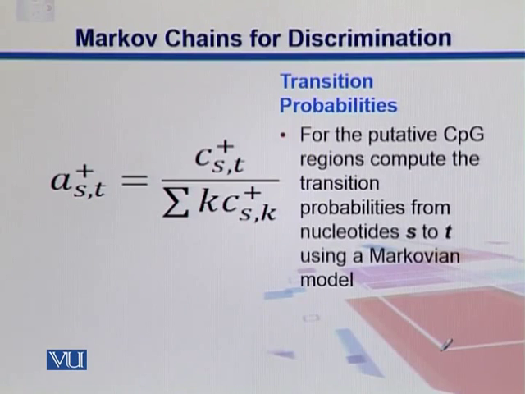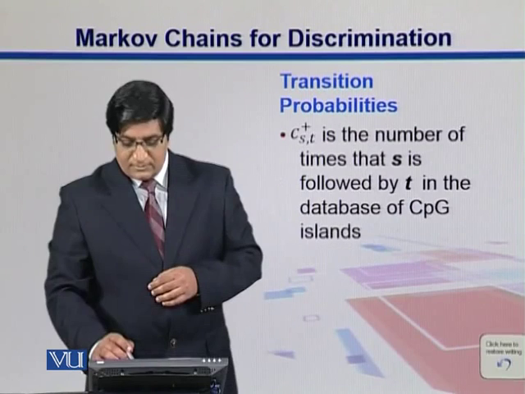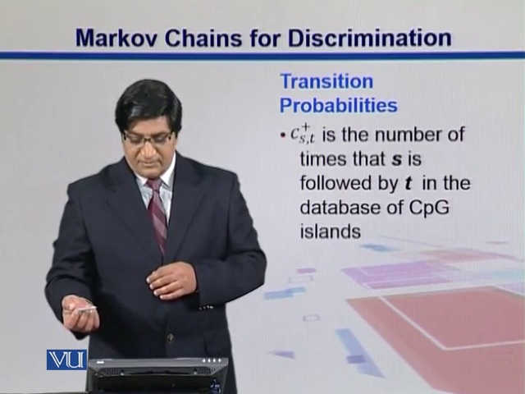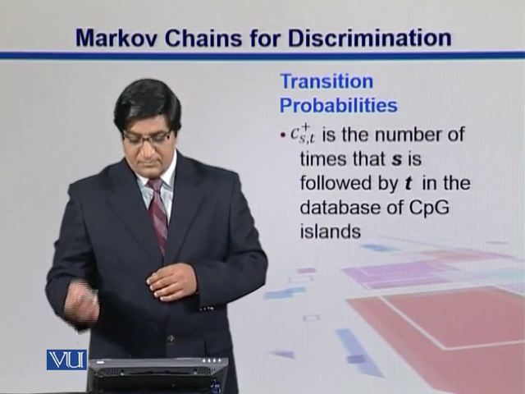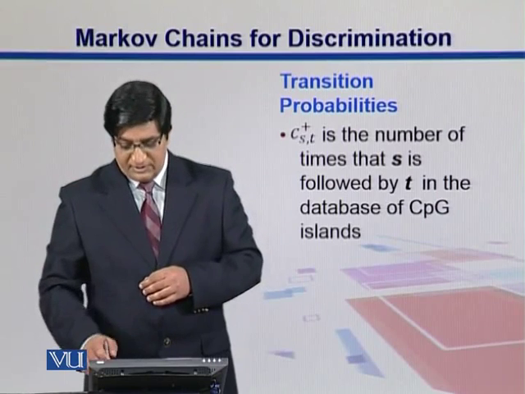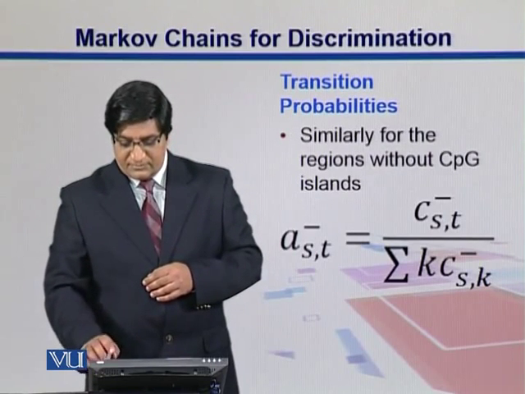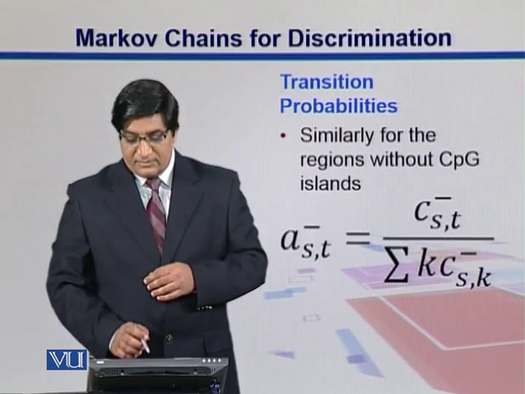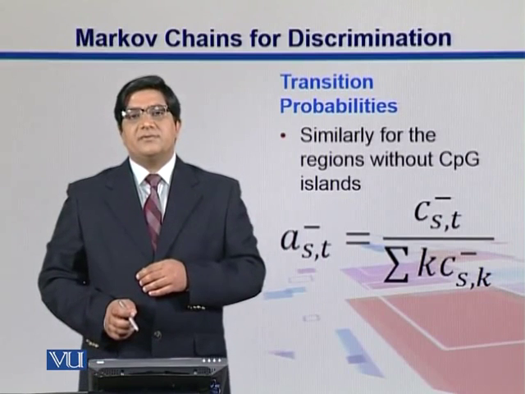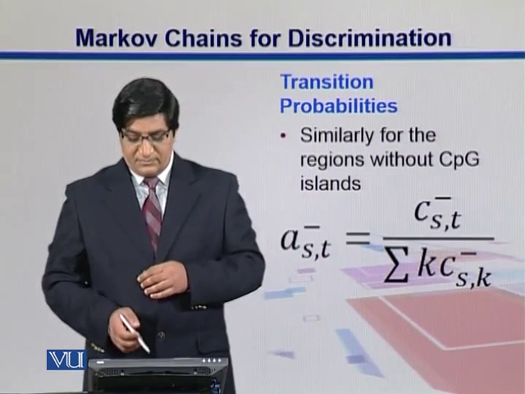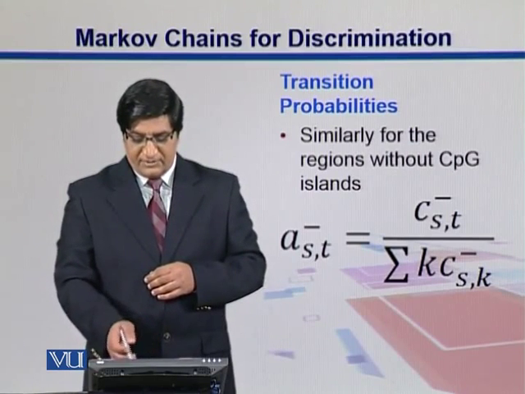In this equation, C is the number of times T follows S, and K are the states in this system. C plus ST is the number of times S is followed by T, where plus means within the CpG islands. In the same way we have C minus ST, for the regions without CpG islands, the CpG minus regions. For that we have the transition probabilities calculated like this.